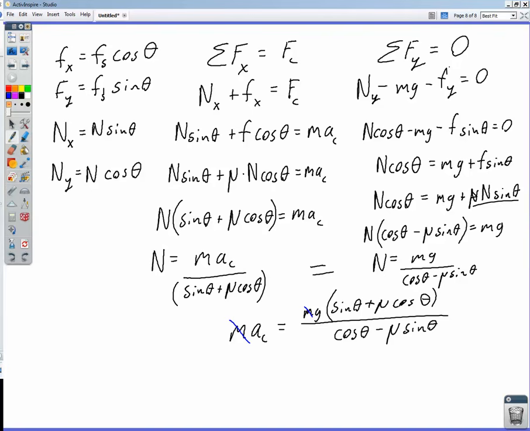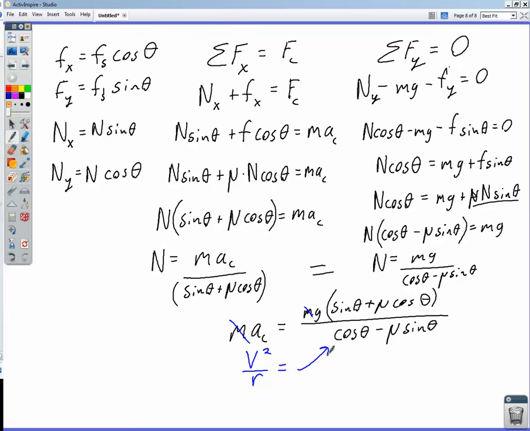And substituting in v squared over r for a sub c, v squared over r is equal to all that ugly stuff.